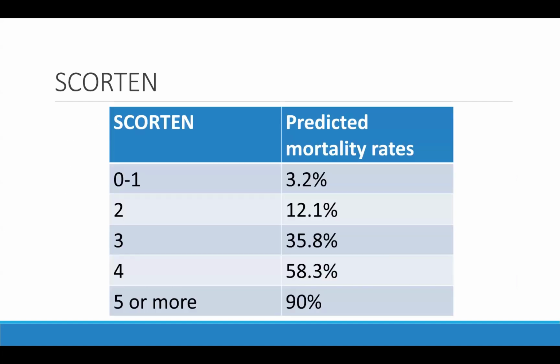If you have a score of 0 to 1, your predicted mortality rate is 3.2%, and this increases with increased scoring, with 2 at 12.1%, 3 at 35.8%, 4 at 58.3%, and with a SCORTEN of 5 or more, the predicted mortality rate is 90%.